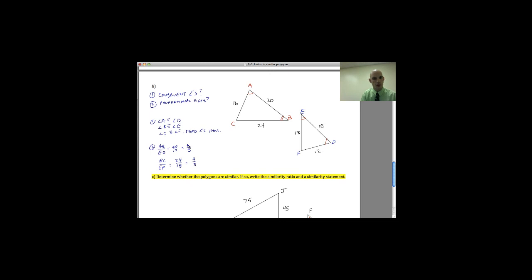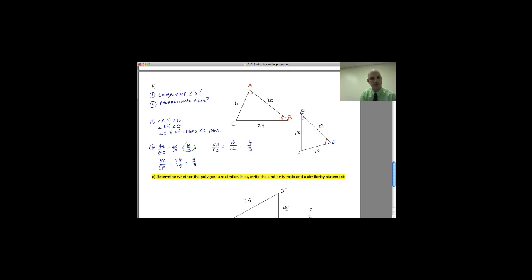So far, these 2 sets of sides are proportional. And our third set that we're going to test is CA over FD. That's going to give us 16/12, which is 4/3.